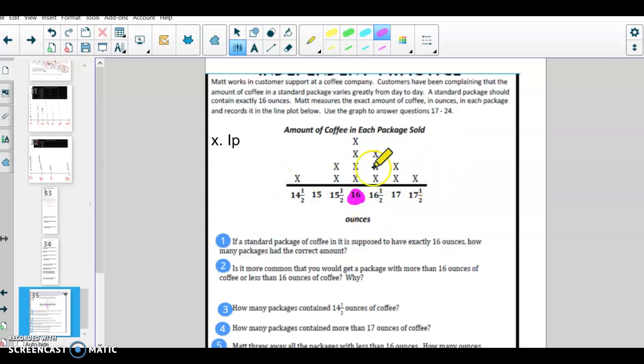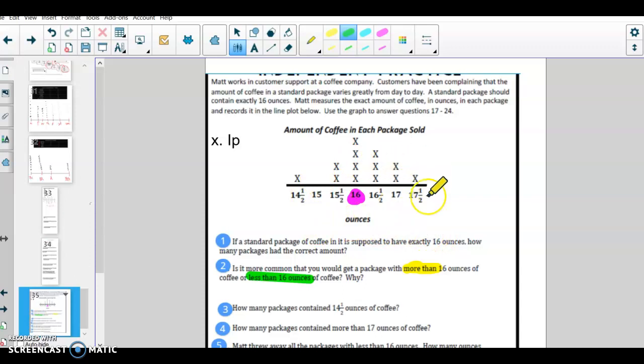But if we look, we notice that hasn't happened yet. So they want to know, more often are people getting packages with more than 16 ounces? So more than is a key word. And then it wants to know, or are people getting more packages that have less than 16 ounces?